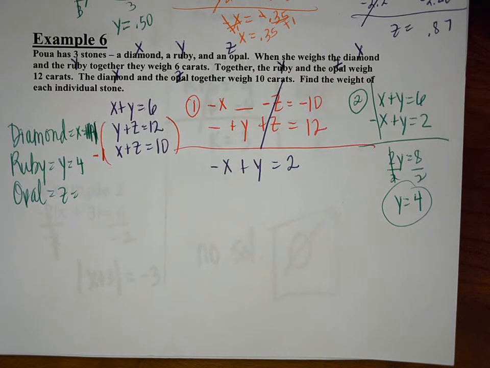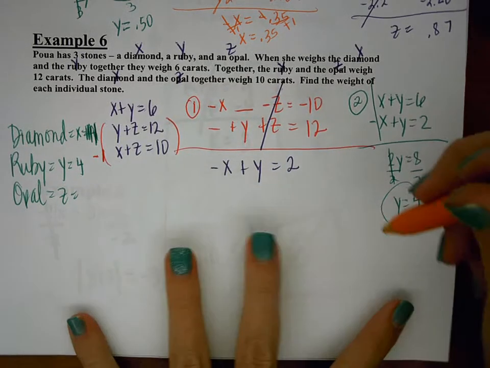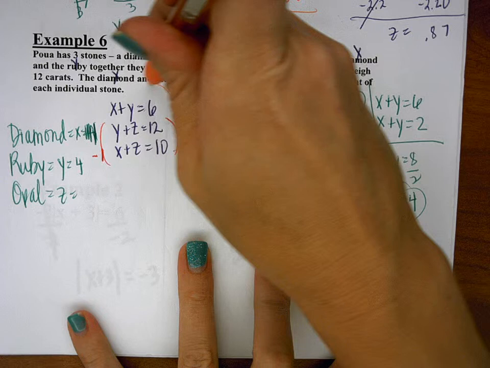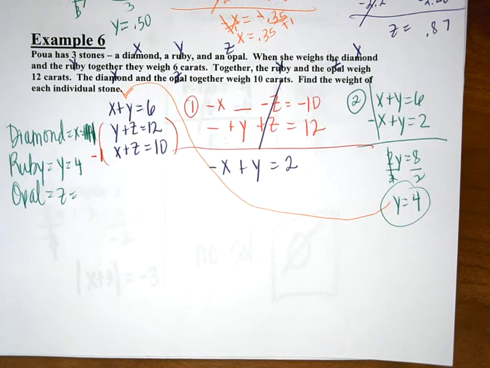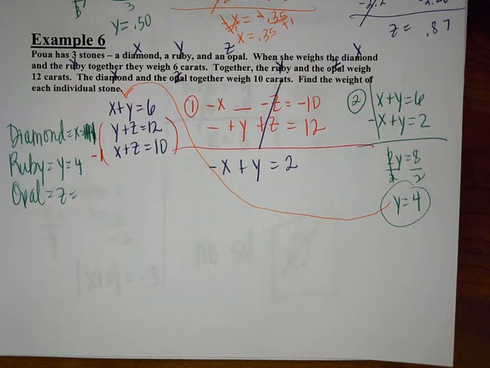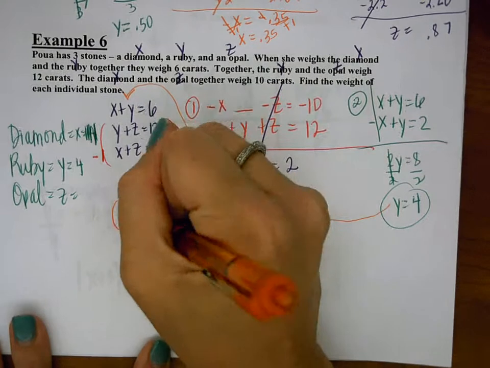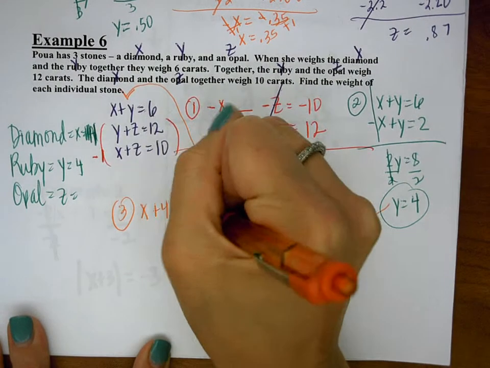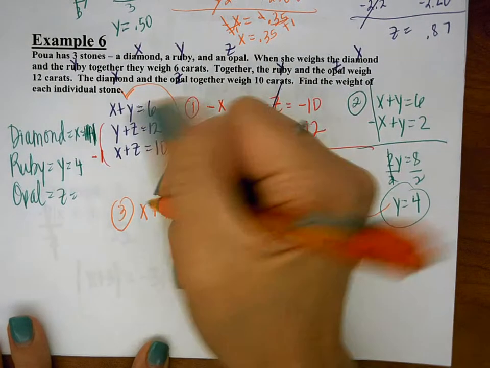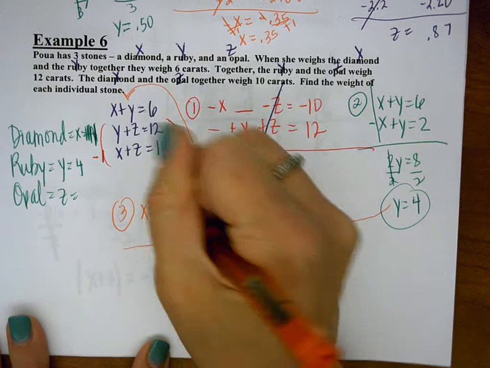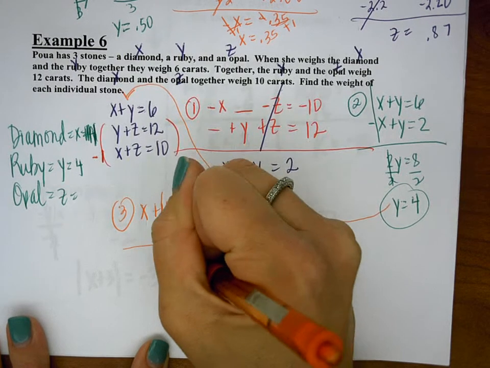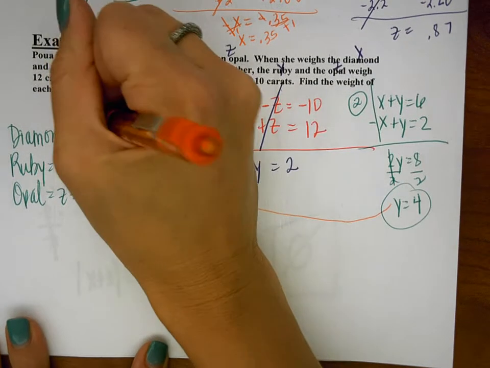Yeah, I could even go back to like my original equation over here because they're all positives, and I can plug in to my first equation. So step 3 here, I'm going to write x plus 4 equals 6. We subtract 4 and we find that x equals 2. So x is 2. Diamonds are 2.